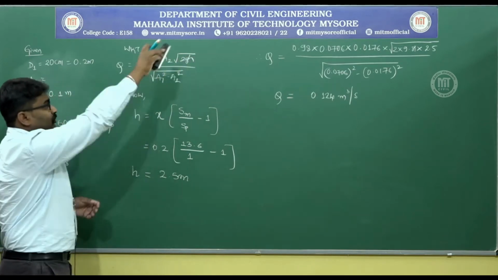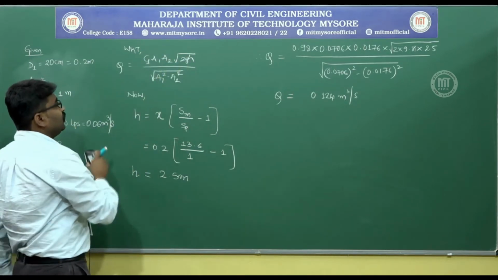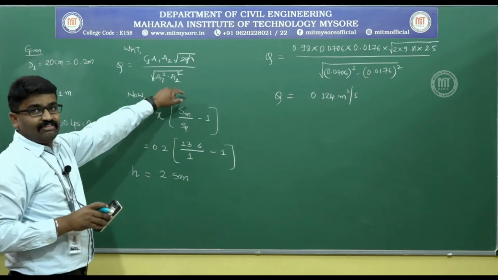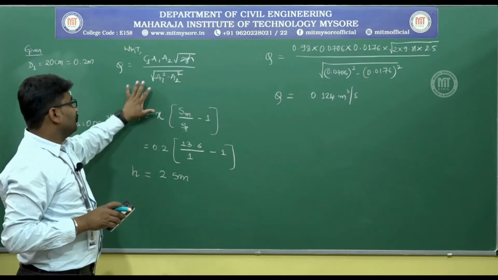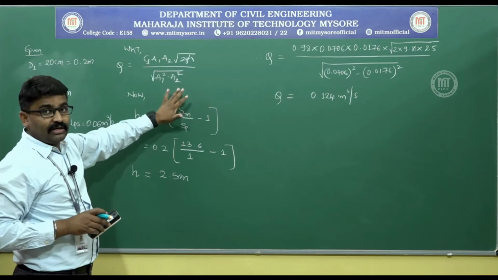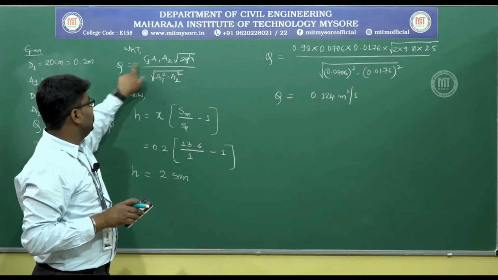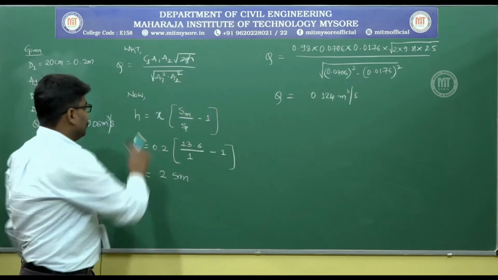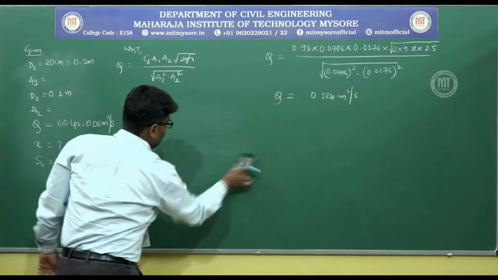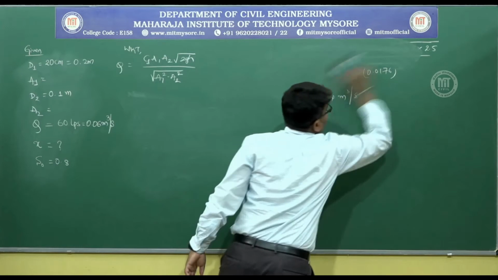We know that Q is equal to CD into A1 A2 root 2 GH divided by root of A1 square minus A2 square. But in this problem he has not given you H. To find out H, A1, A2, CD, Q, everything is given.